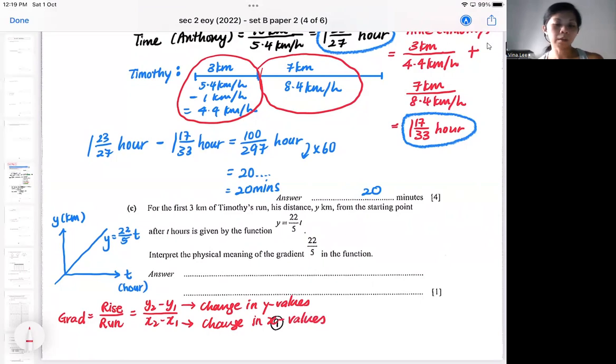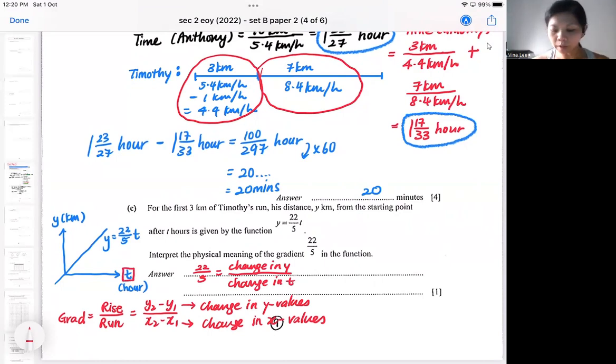For gradient interpretation, we always take it as the change in y values divided by the change in x values. So in this case, my x is t.